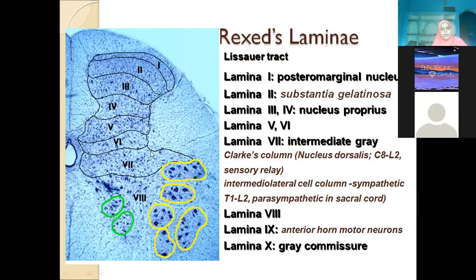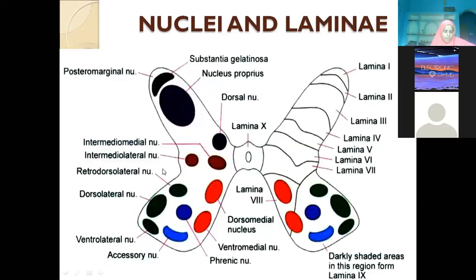So these are the various nuclei we see in the gray matter. What are the various nuclei you are finding? All these nuclei are actually important in physiology when we study tracts of spinal cord.